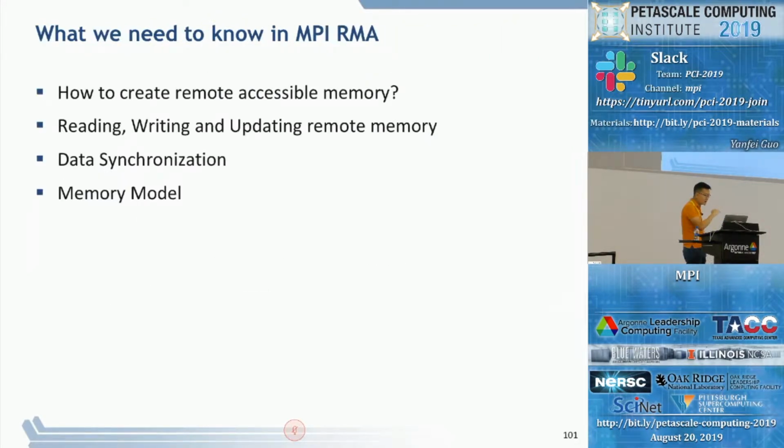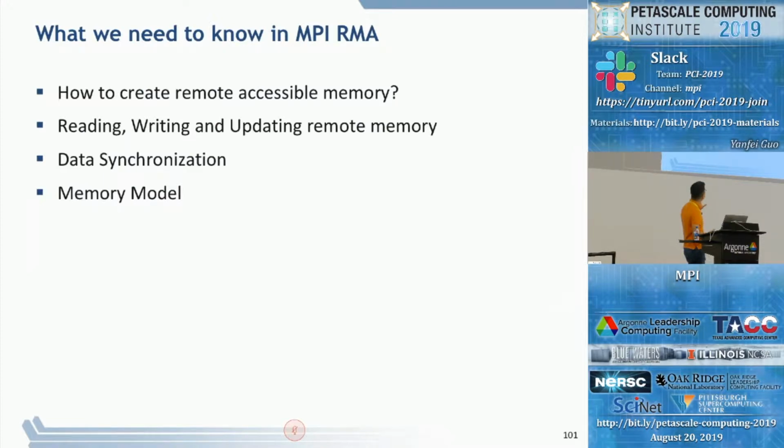In the next few slides, I'm going to talk about the details of how we can use RMA or one-sided communication in MPI. Generally there are four main topics: how processes expose their memory region to let everyone access it, how to actually access those memory buffers, and how to do data synchronization.